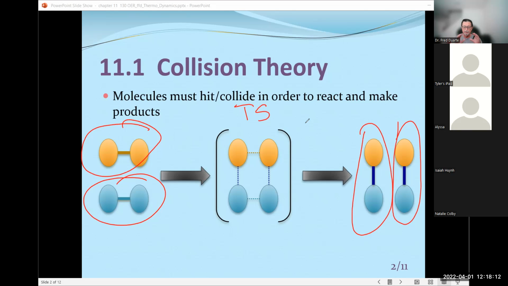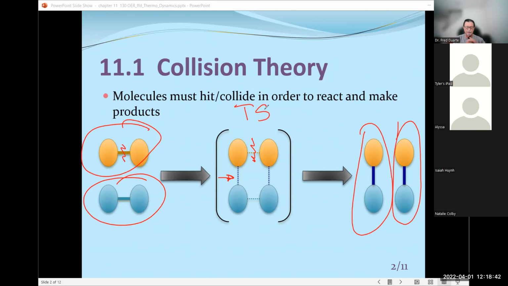It is a point in time where we are breaking the original bonds and creating new bonds. So it's a hybrid of what it looks like on the reactant side and what it looks like on the product side. This transition state is very quick, at least it's theorized to be.